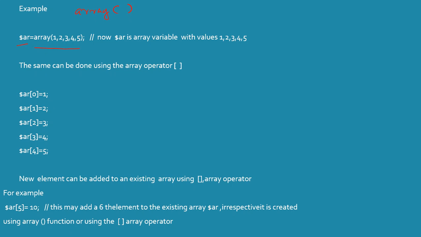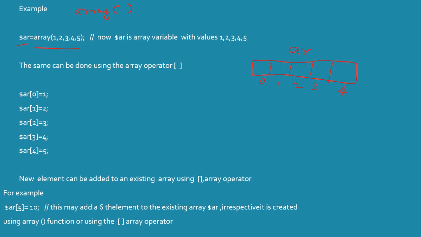This may ask for some continuous 5 memory locations, labeled 0, 1, 2, 3, 4, to be labeled as AR.